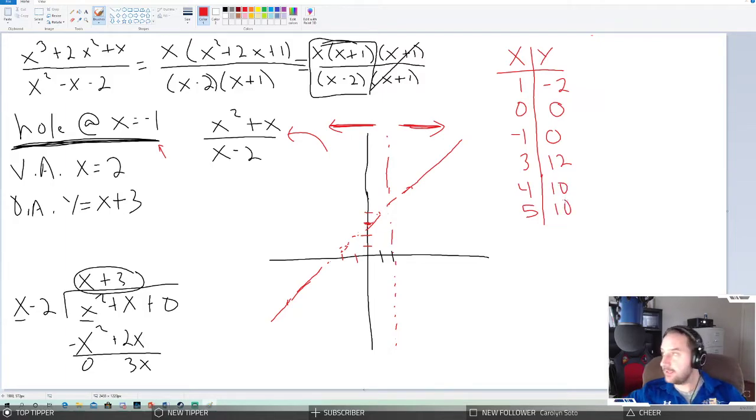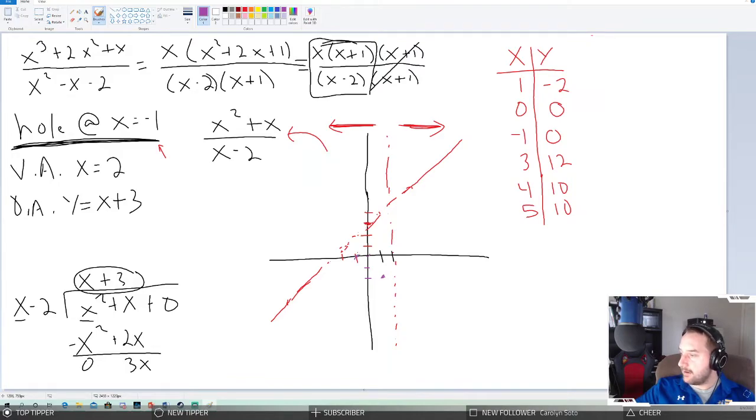Okay, so let's plot these. So for 1, we said it was -2. For 0, it was 0. And for -1, it was 0.